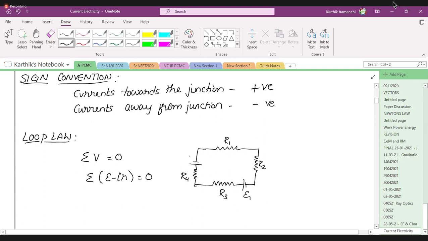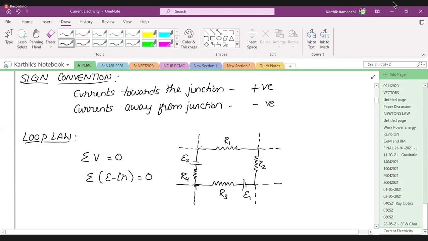This will be your epsilon 1 and this will be your epsilon 2. See, this is just a part of a bigger complex circuit. In that bigger complex circuit, this alone is forming a loop.